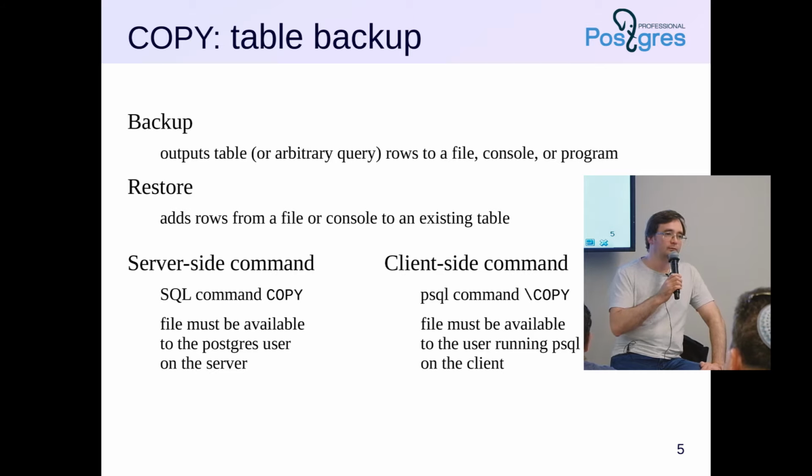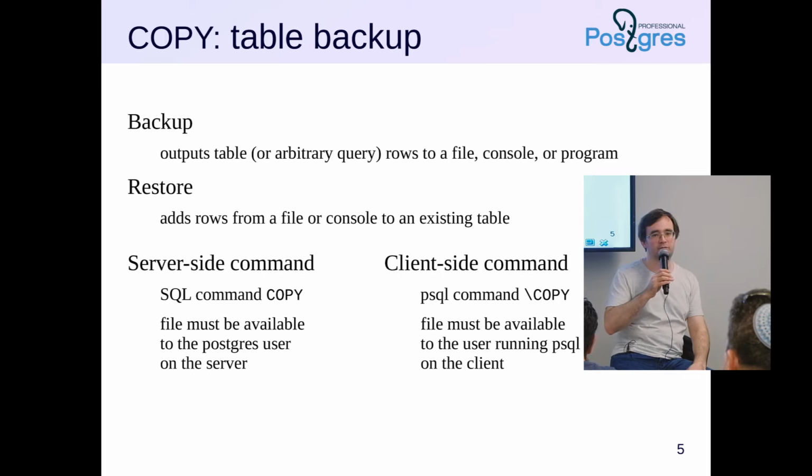First of all, we have a copy command. A copy command can output all your table or result of some SQL query to a file or to a console or even to some other program. It outputs rows in some format.